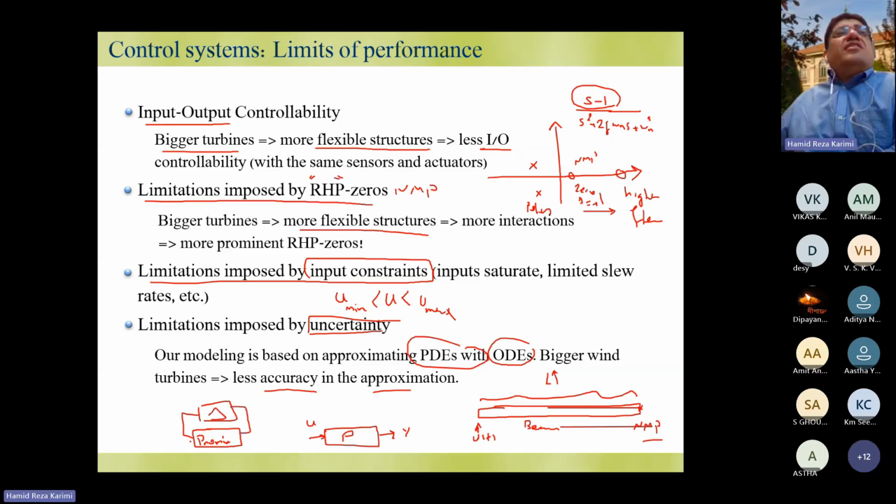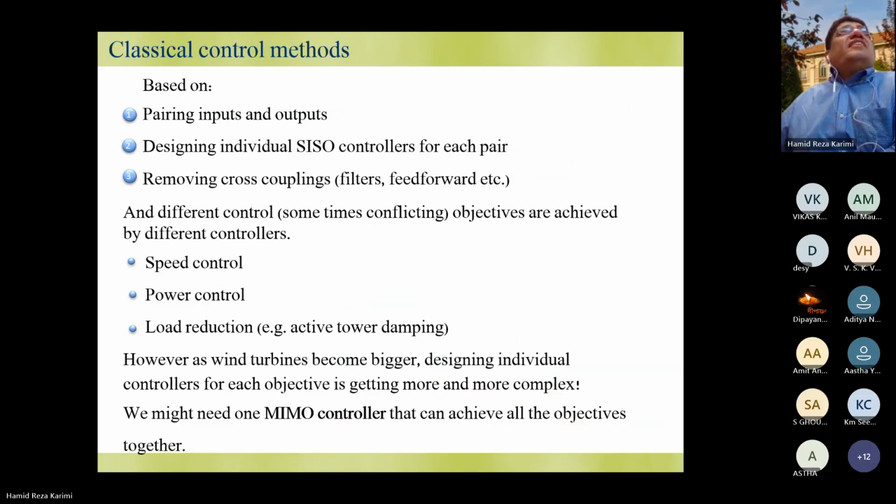Then this is my input and this is my output. And what is the Y? The Y is this kind of uncertainty. So here we have, okay, now everything exists here: the modeling uncertainty, the input constraints, the right half-plane zeros, and now the task of control is difficult.